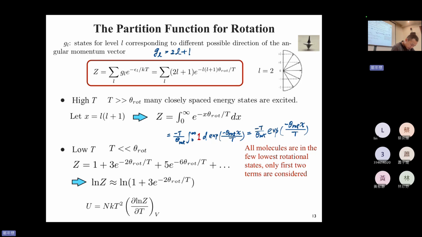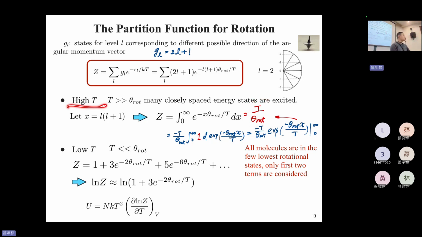But don't forget, we need to substitute the upper boundary and lower boundary. After that, the answer is t over theta rotate. Okay, relatively easy. So when your temperature becomes higher, your z becomes t over theta rotate. Okay, we will use this in the next page.